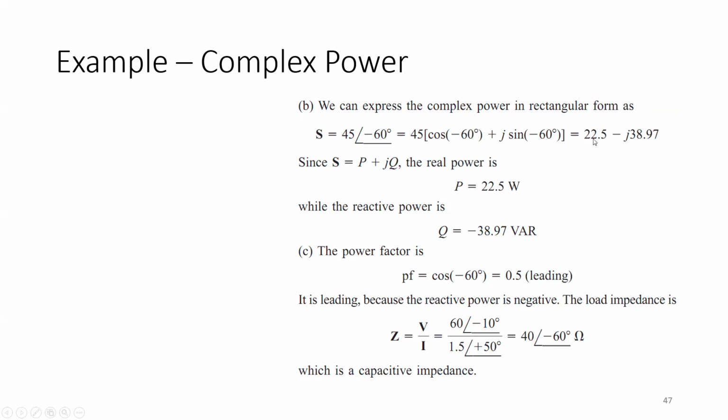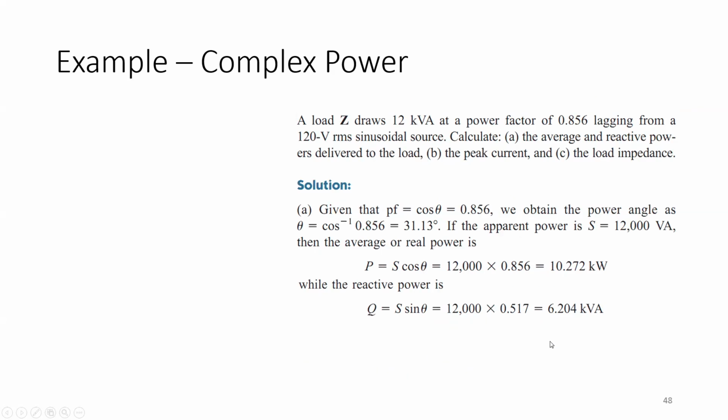In this way we get the real part as 22.5 and the reactive part as minus 38.97. The power factor is cos of minus 60 degrees, and 60 by 1.5 would be the impedance. In this way we can get the nature of the impedance also with this sign. It indicates that it's a capacitive impedance.